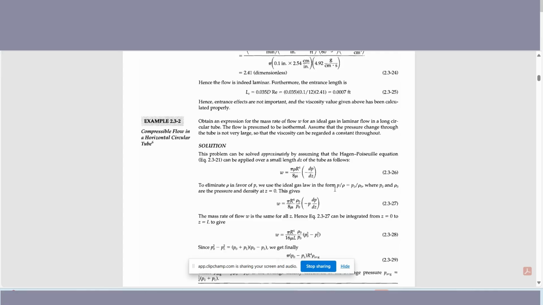Basically, it's saying the pressure divided by the density at any point along the length of the pipe is equal to the same ratio at the beginning of the pipe. So this ratio should be the same at any point. So P0 divided by rho 0 equals PL divided by rho L equals PL divided by 2 divided by rho L divided by 2, and so on and so forth. So yeah, that's what this equation means, basically.